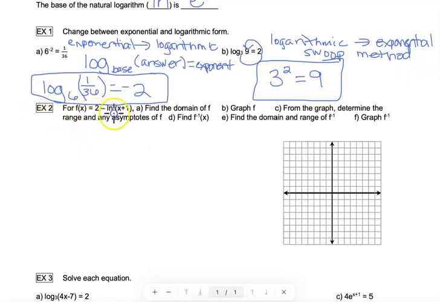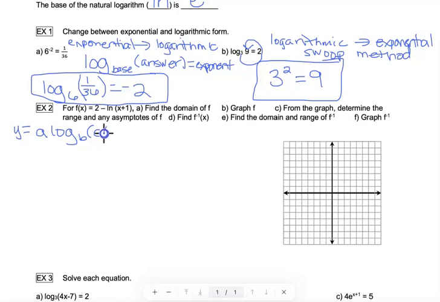So really this f of x, the general form that I'm looking at is y equals a, either log or ln. This is my base. Again, the base is not a transformation.